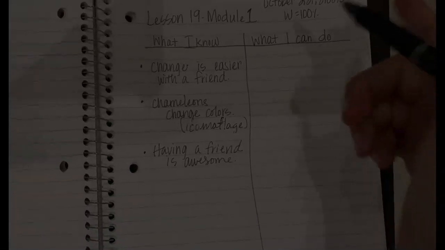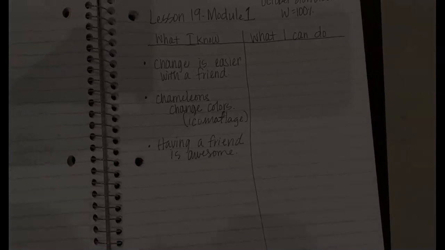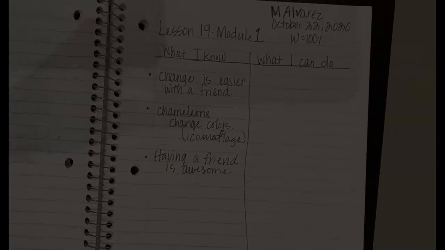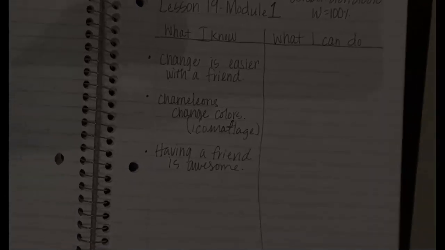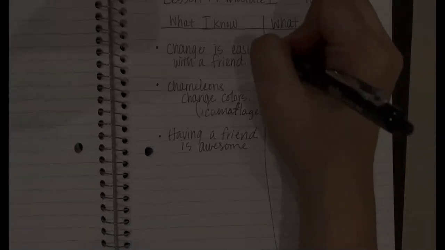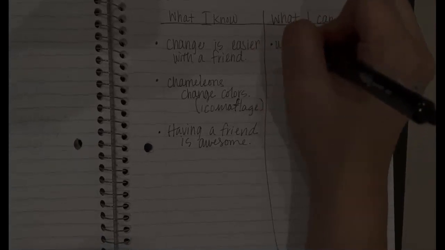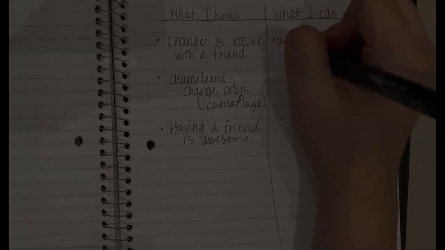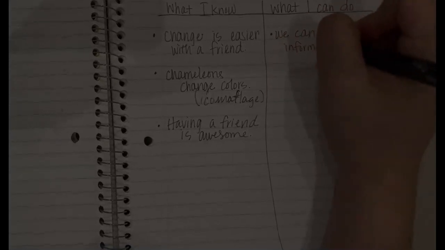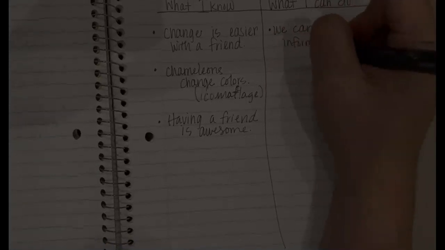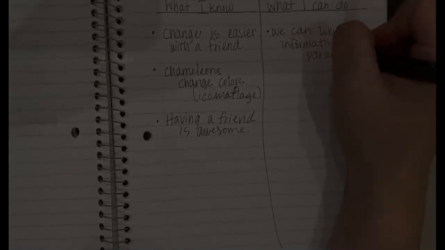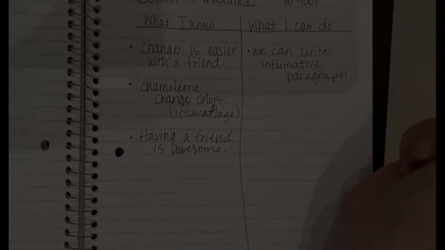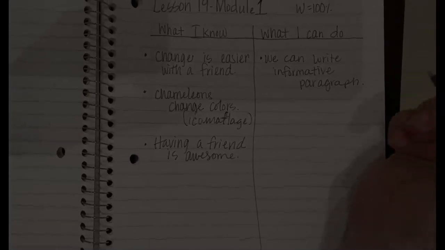And what I can do: what is something you know how to do in these lessons? We can write informative paragraphs. Yay! Right? What else did you learn? Or what else can you do?